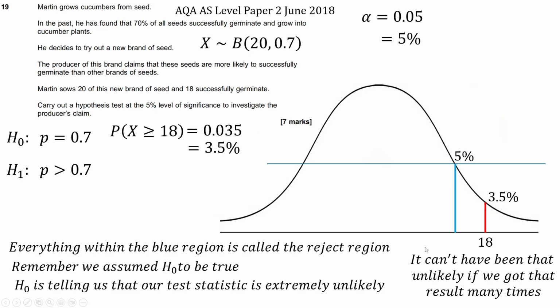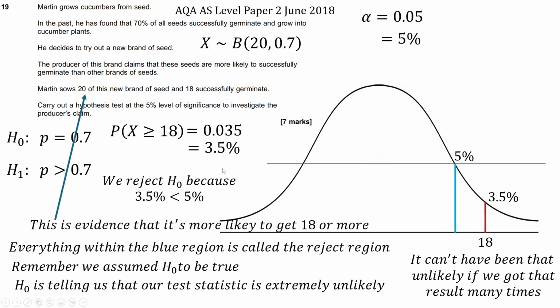So H0 must be false. We reject H0 because it's less than 3.5%, i.e. it's so extreme that H0 is saying it probably just won't happen. Well, it did happen quite a few times, so it can't have been that unlikely. So we're saying that H0 is false, and our evidence for that is this sample here.